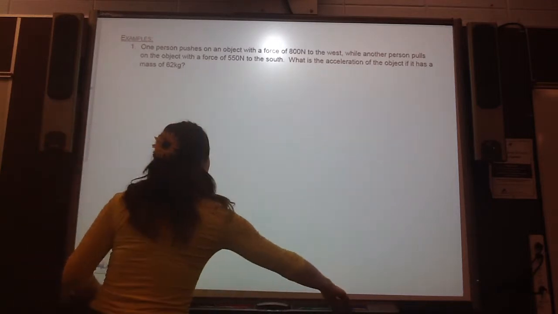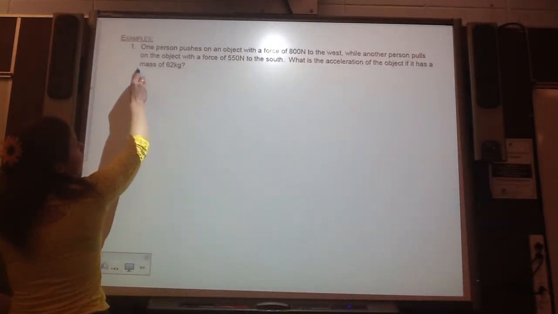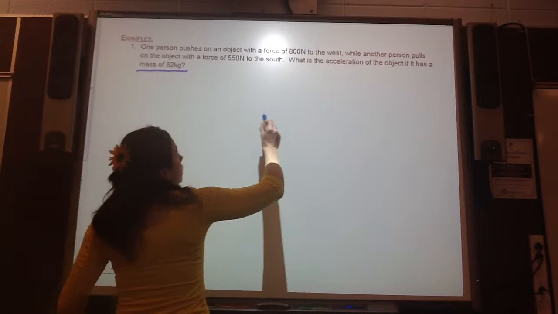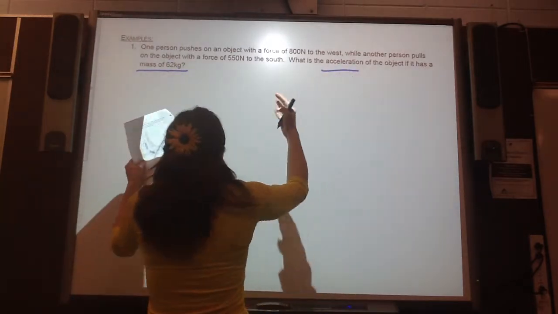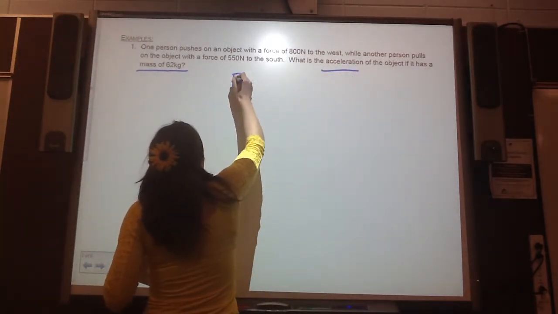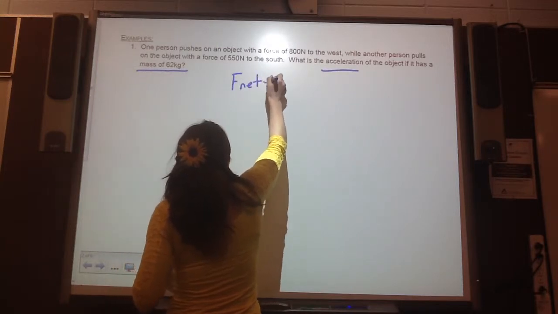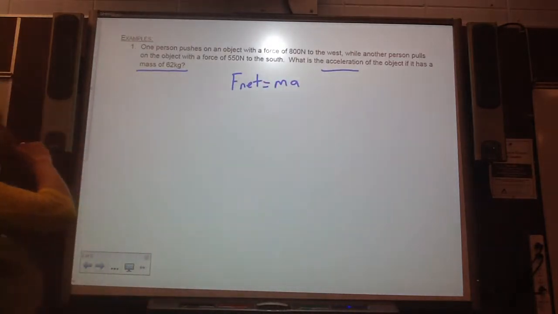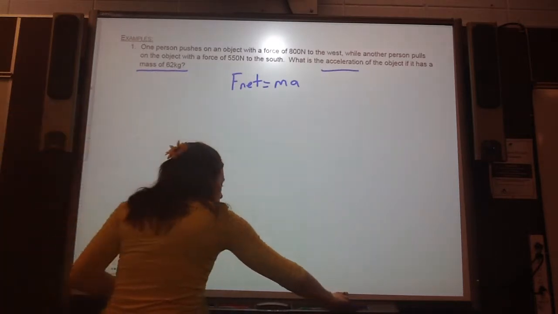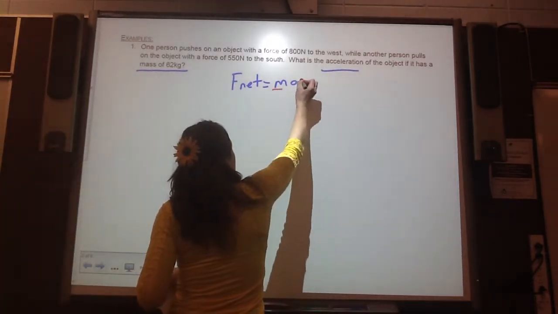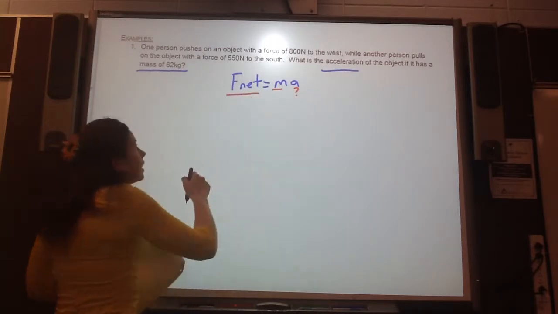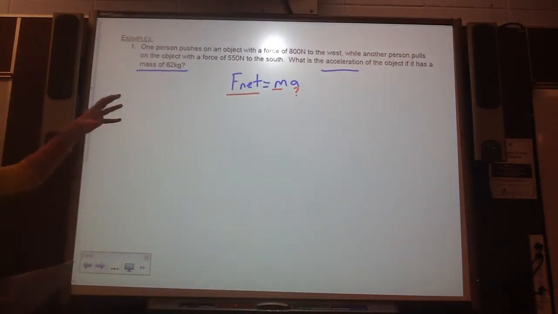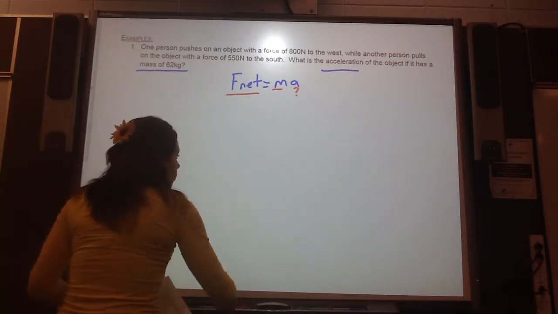So when you think about this, if we have mass and we're looking for acceleration, you should be thinking, okay, I'm looking to use this formula: F net is equal to m times a. Because we have our mass, we're looking for our acceleration, and our F net is what we can find from the given forces. So I'm going to break these down into x and y components.